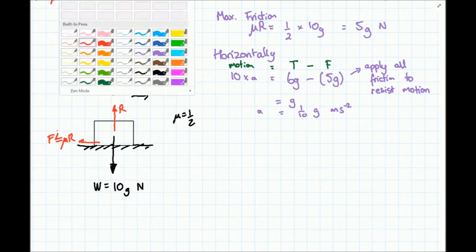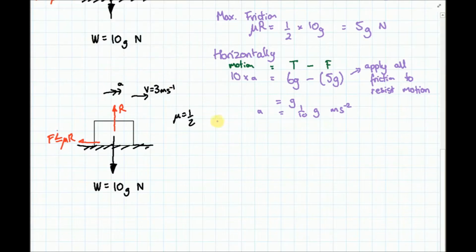So very quickly go through the same process vertically. Positive up, we've got zero motion must equal the reaction of the table minus the weight. Motion is zero vertically. So my reaction force must equal the weight, which is 10 g newtons.